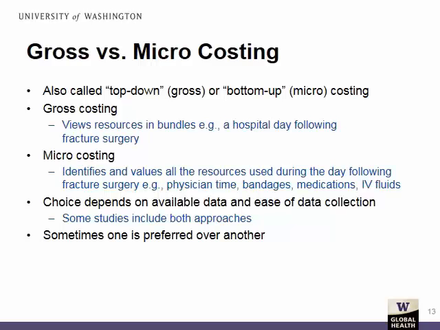The 2 main approaches to estimating cost are gross and micro costing. Gross costing is also called top-down costing, and micro costing is called bottom-up costing. In gross costing, an analyst views resources in bundles. So you must say, what is the cost of a hospital day following surgery for fracture of the femur, or surgery following, let's say, an evacuation for a septic abortion or something like that.